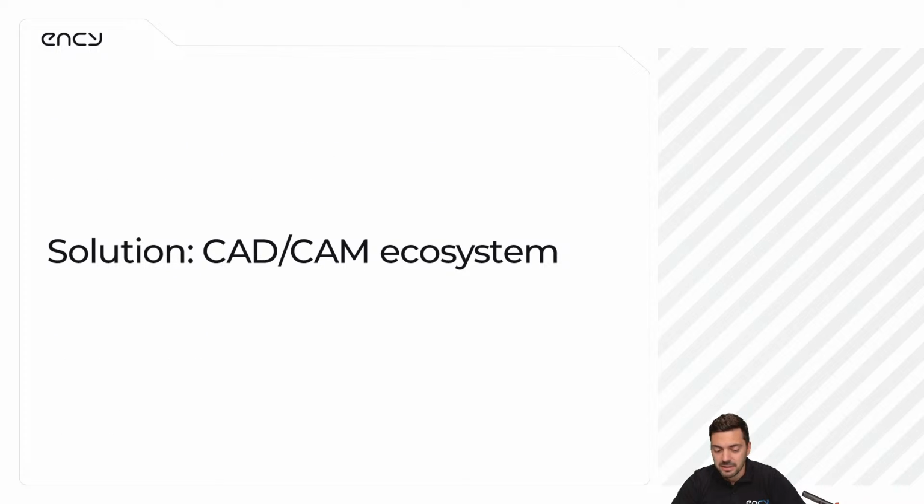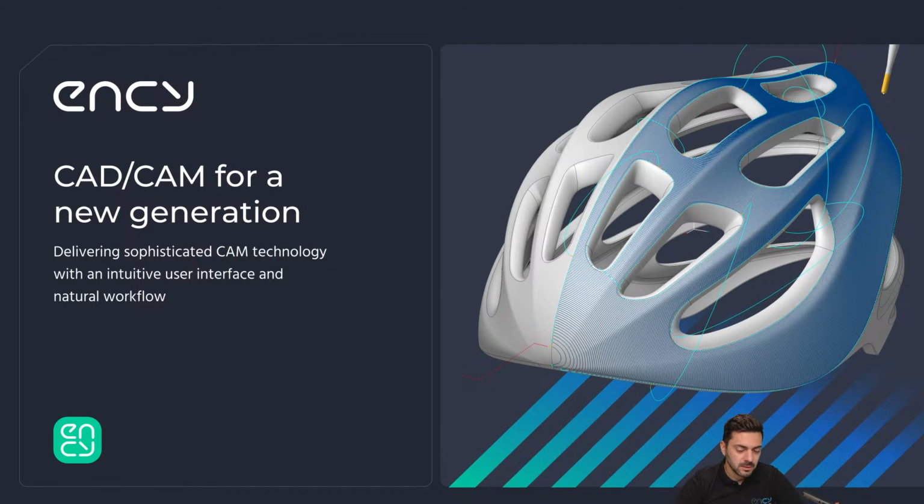To address this situation, we come with a solution which we call cadcam ecosystem. Shifting the idea from cadcam system to ecosystem means that we have several components now. First, of course, we have cadcam software, ENCY cadcam for new generation.